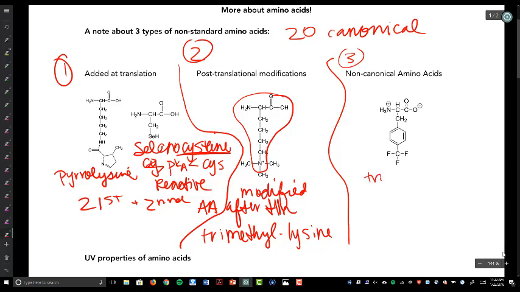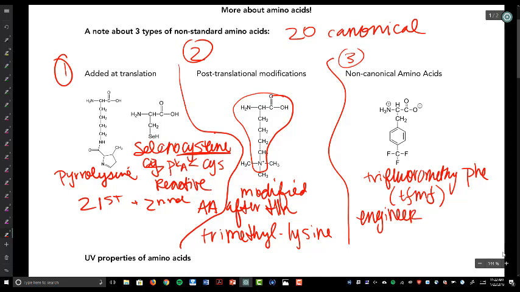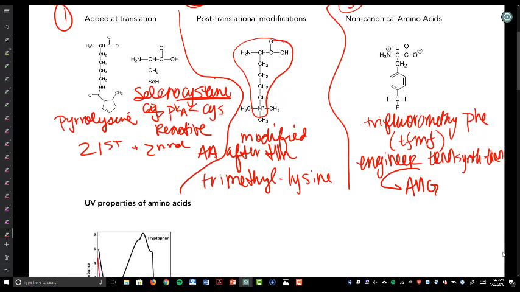This is trifluoromethyl phenylalanine, or TFMF. These are amino acids where you engineer the tRNA synthetase and tRNA that code for the stop codon, TAG, to accept the amino acid.